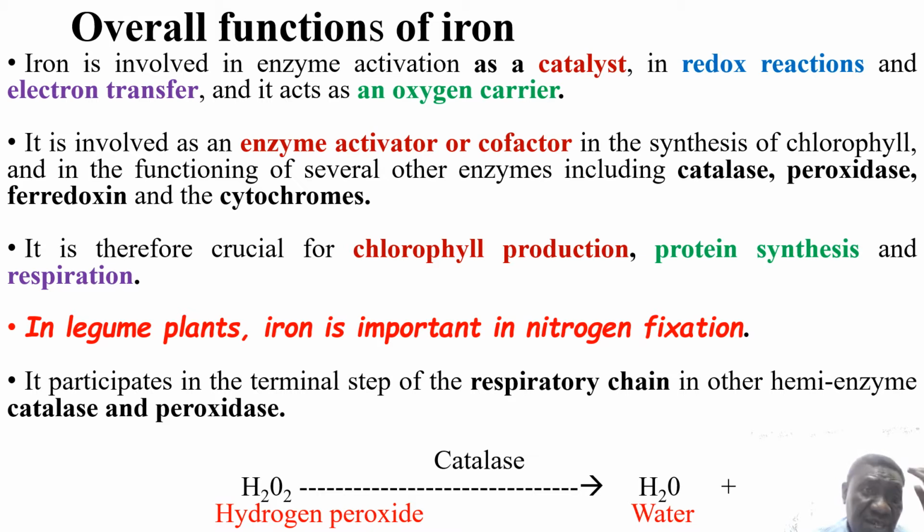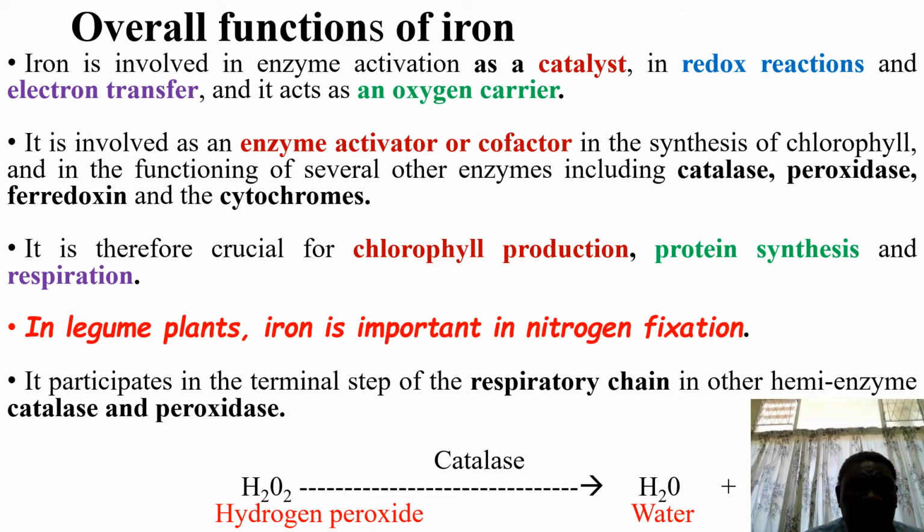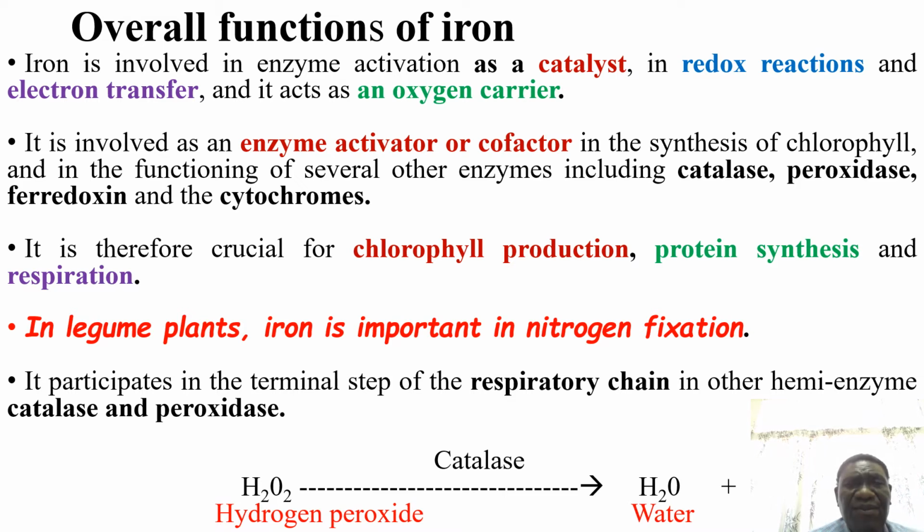Now let us focus on the overall functions of iron. Iron is involved in enzyme activation as a catalyst in redox reactions and electron transfer, and it acts as an oxygen carrier.